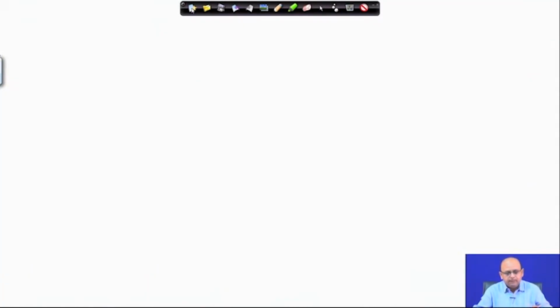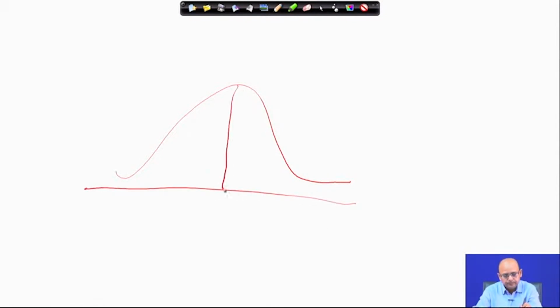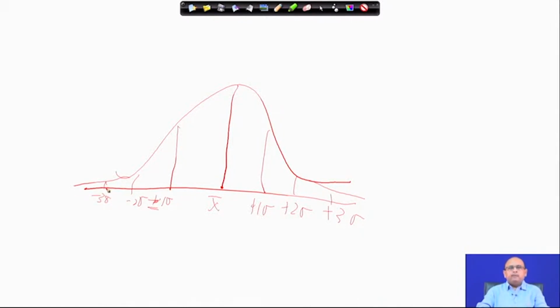When I am talking about normal distribution, this is a normal distribution, with plus 1 sigma, plus 2 sigma and plus 3 sigma, and on this side also we have minus 1 sigma, minus 2 sigma and minus 3 sigma. The two ends never meet. So, this is the normal probability curve.